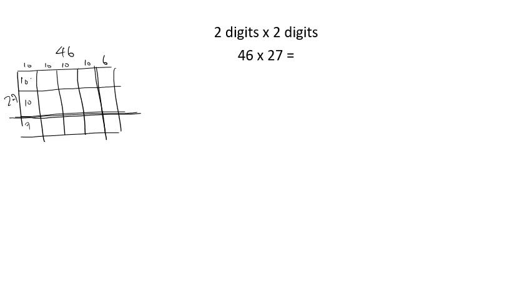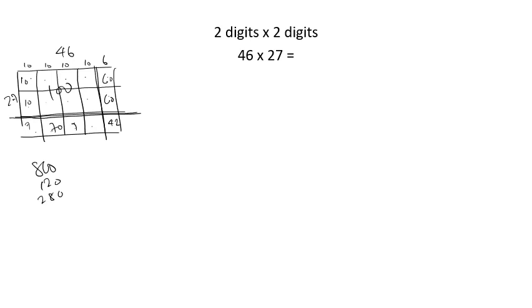So this is 1, 2, 3, 4, 5, 6, 7, 800. This is 60 and 60. So these are all 100s in here. So that's 60 and 60 makes 120. 70, 70, 70, 70 makes 280. And then 7 times 6 makes 42.